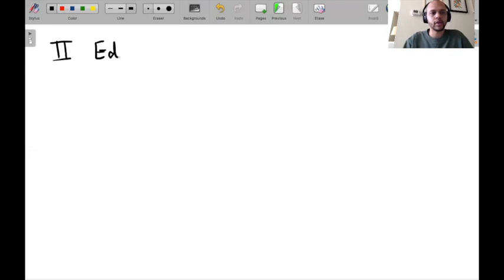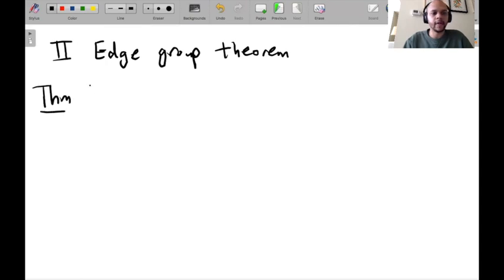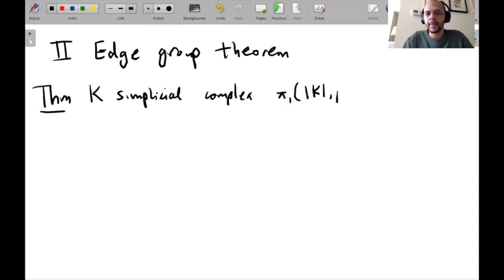My pen is still being kind of slow. So remember, this theorem says that for K a simplicial complex, the fundamental group of the geometric realization is isomorphic to the edge group.